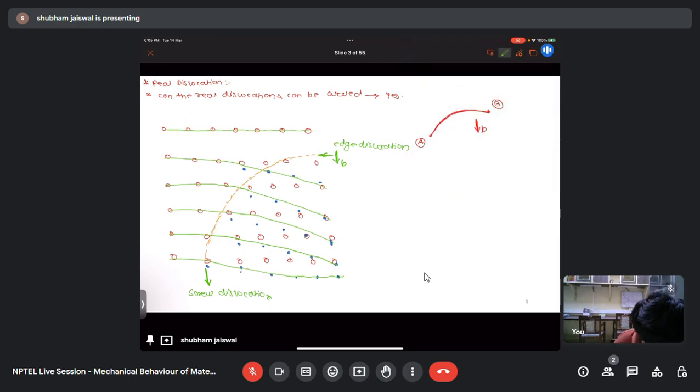If we draw a tangent at point A, this will give the line vector at A, and if we draw a tangent at B, this will give the line vector at B.